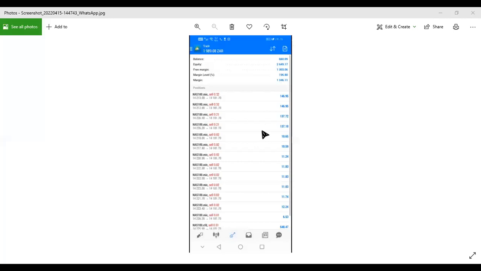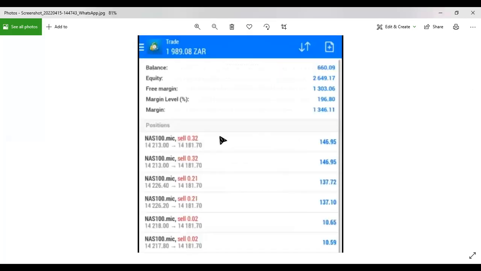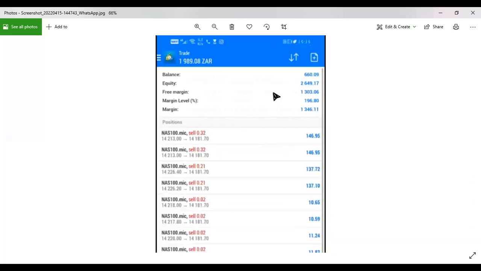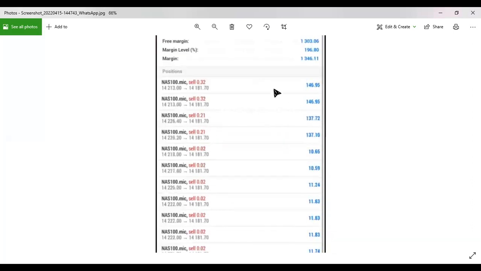So yeah, guys, I wanted to show you guys this account here. As you guys can see there, we had an initial deposit of 660 rands. So we were able to trade this account and just flip this account, trading the Nasdaq micro.